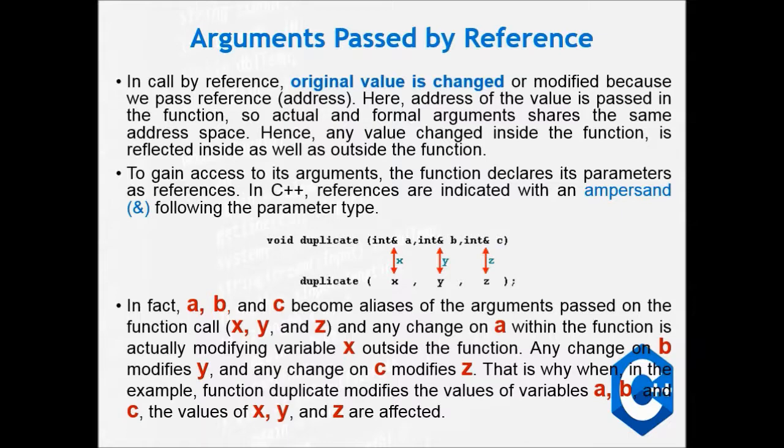Any change on a within the function is actually modifying variable x outside the function. Any change on b modifies y and any change on c modifies z. That is why when in the example the function duplicate modifies the values of variables a, b, and c, the values of x, y, and z are affected.